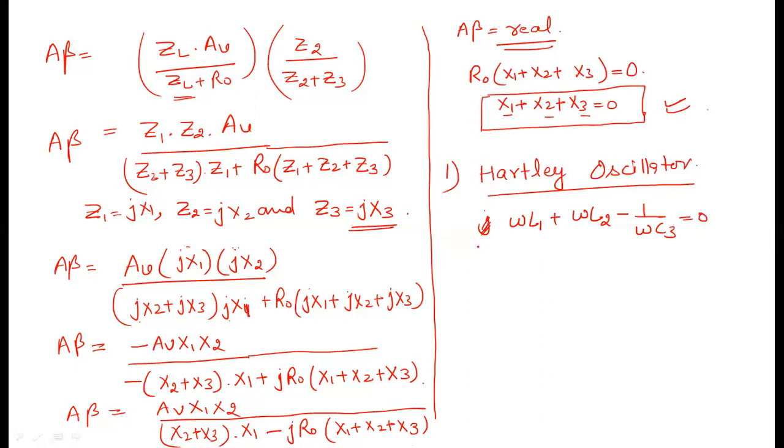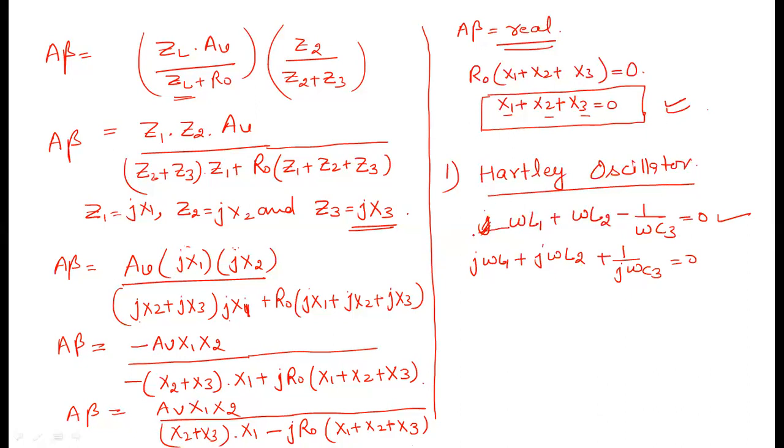Or we can write it as j omega L1 plus j omega L2 plus 1 upon j omega C3 equal to 0. In this expression we multiply j above and j below, so this becomes minus, and j is taken as common. So we can write omega L1 plus omega L2 minus 1 upon omega C3 equal to 0.